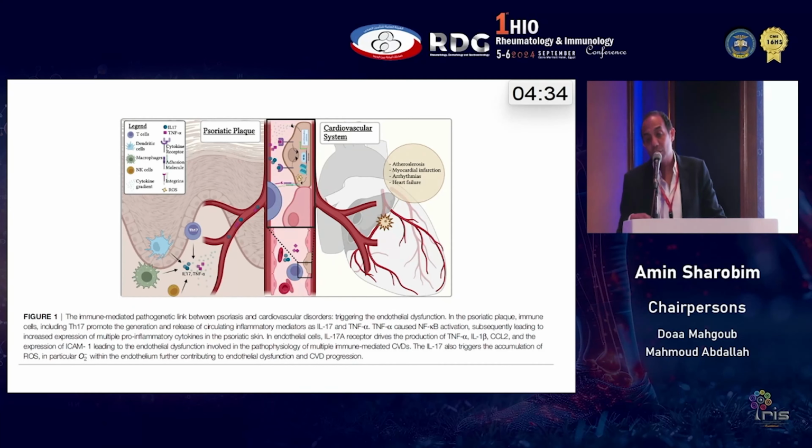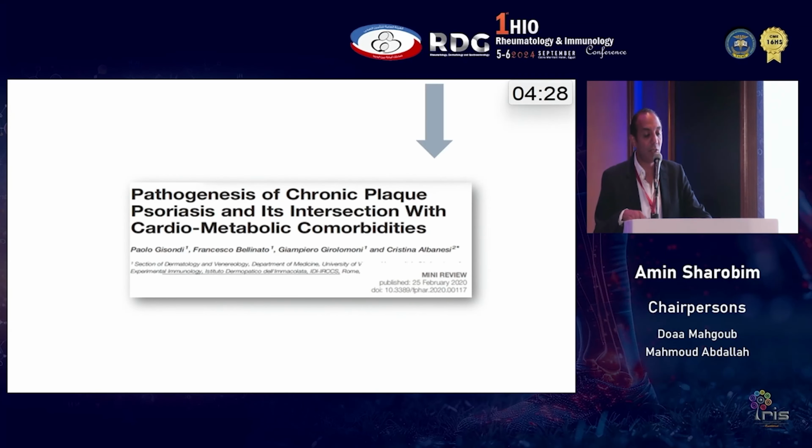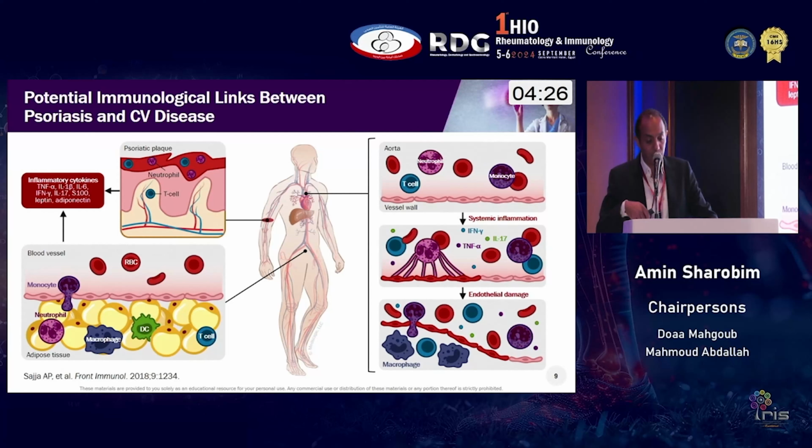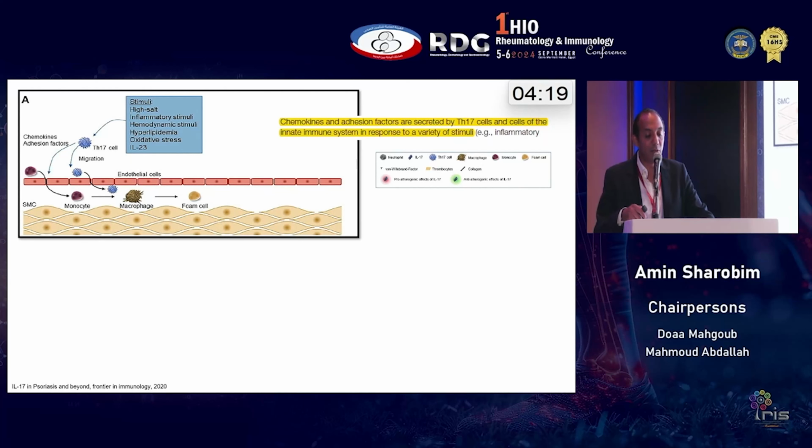So interleukin-17 and tumor necrosis factor have a direct role on the endothelial system of this patient, as we can see that the systemic inflammation affects the endothelium and induces more endothelial damage.